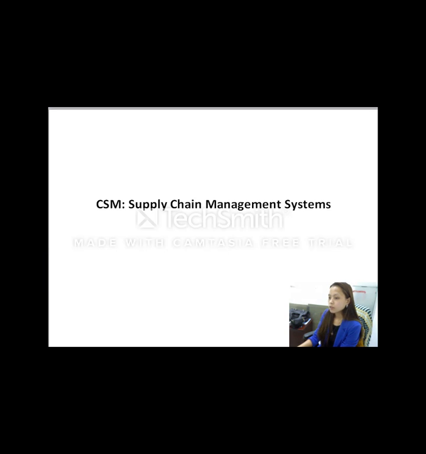Another type of enterprise system is an SCM, or supply chain management system. SCM software revolves around the resources and logistics required to get products out to your customers.